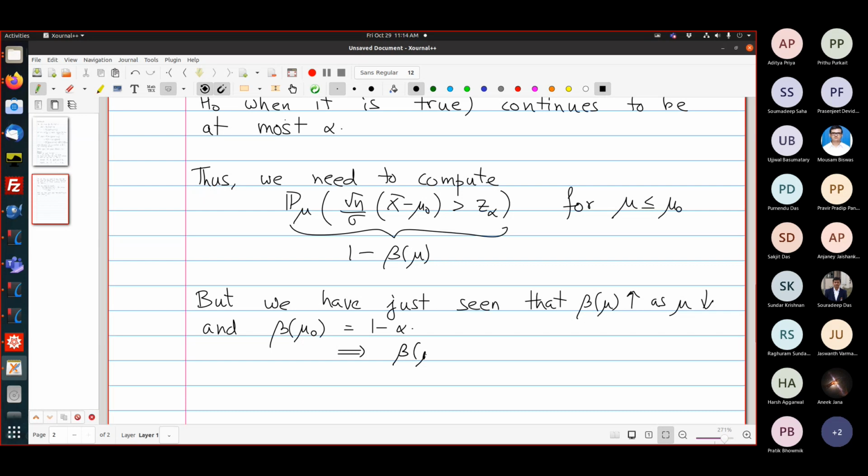So beta of mu is therefore greater than or equal to 1 minus alpha, again for mu less than or equal to mu naught, and so 1 minus beta of mu, if I take this over this side and take this alpha over this side, is less than or equal to alpha.